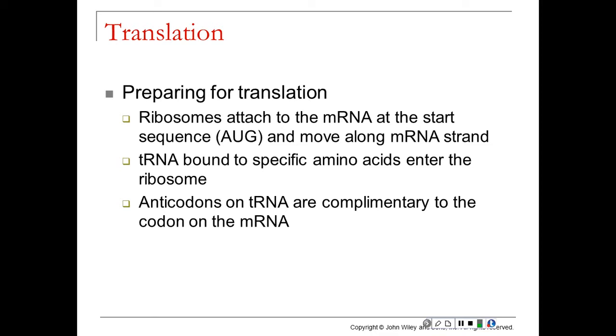In this case, though, tRNA, which is bound to a specific amino acid, goes into the ribosome, and those anticodons, which are part of the tRNA molecule, bind to the mRNA in order to correspond to that amino acid that's on the tRNA molecule.